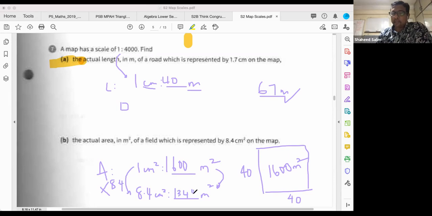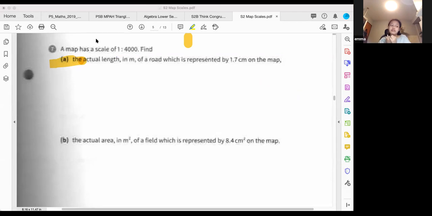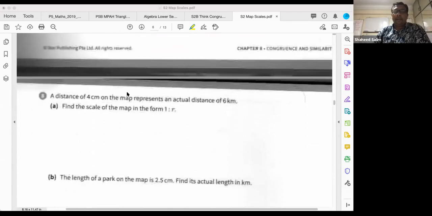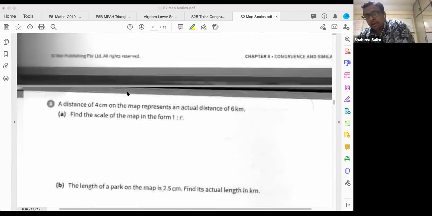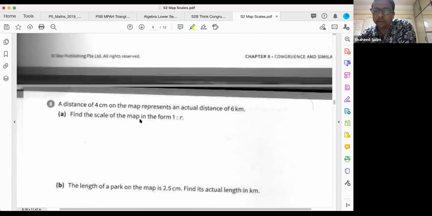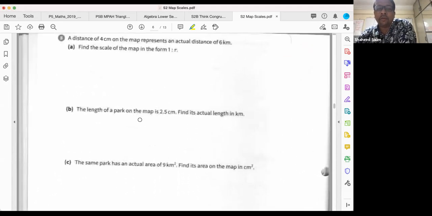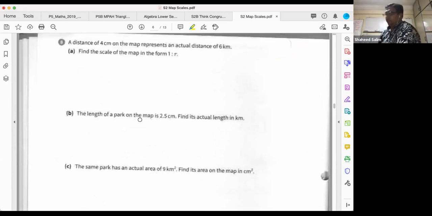Okay, so that's the answer, but is Emma clear or confused? Yeah. Clear, okay, good. All right, Emma. So far earlier on it's just length. Now you're going to have length and area, so there will be 2 parts. They will always ask you that. You must know this for your test. So you try now.